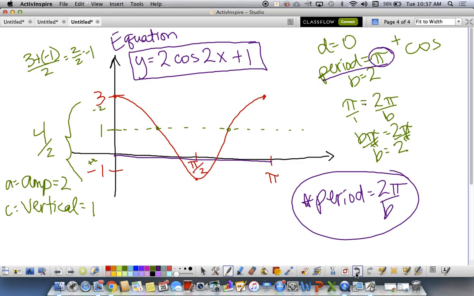See what makes them cancel. What makes them equal? Okay. So solving for B is the hardest part. Are you ready for one more? Yes, ma'am.